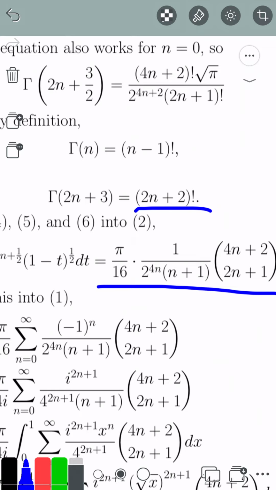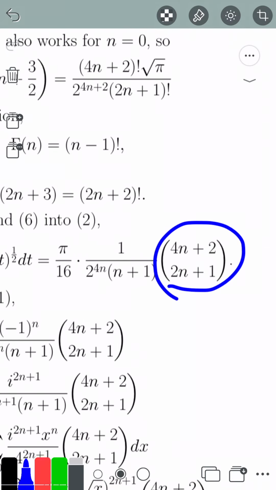And 2n plus 2 factorial is 2n plus 2 times 2n plus 1 factorial, so we get 2n plus 1 factorial squared in the denominator, and then in the numerator we got the 4n plus 2 factorial, and so 4n plus 2 factorial divided by 2n plus 1 factorial squared is this: 4n plus 2 choose 2n plus 1.